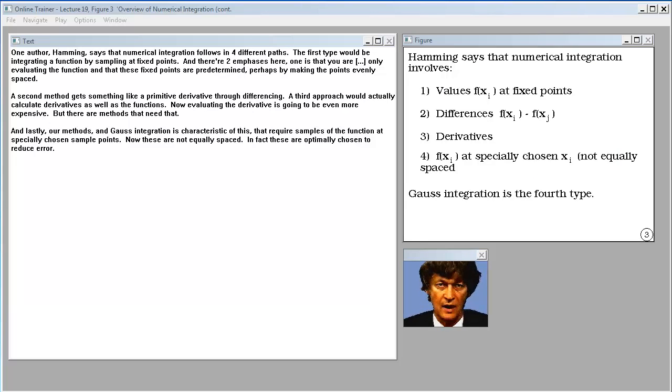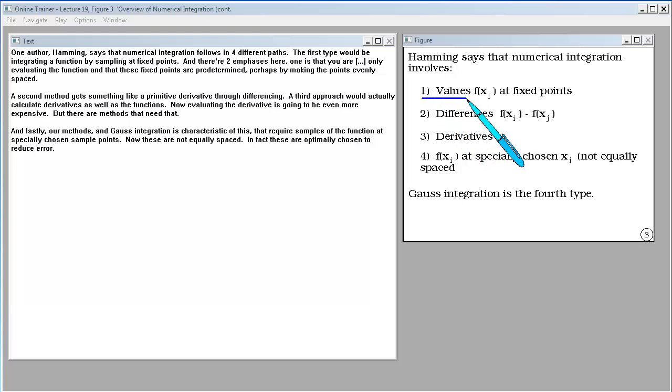One author, Hamming, says that numerical integration follows in 4 different paths. The first type would be integrating a function by sampling at fixed points. And there are 2 emphases here. One is that you are only evaluating the function, and that these fixed points are predetermined perhaps by making the points evenly spaced.